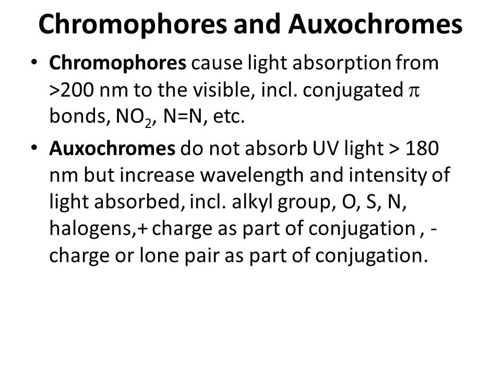Oxychromes do not absorb ultraviolet light at greater than 180 nanometers. Instead, they increase the wavelength and intensity of the light that's absorbed on a conjugated system. They include alkyl groups, oxygen, sulfur, nitrogen, the halogens, fluorine, chlorine, bromine, and iodine, a plus charge, which is part of conjugation, and a negative charge or lone pair that is part of conjugation, negative charge having the larger wavelength increasing effect.